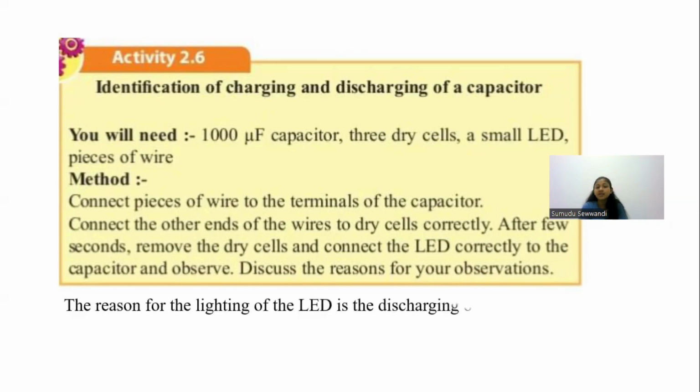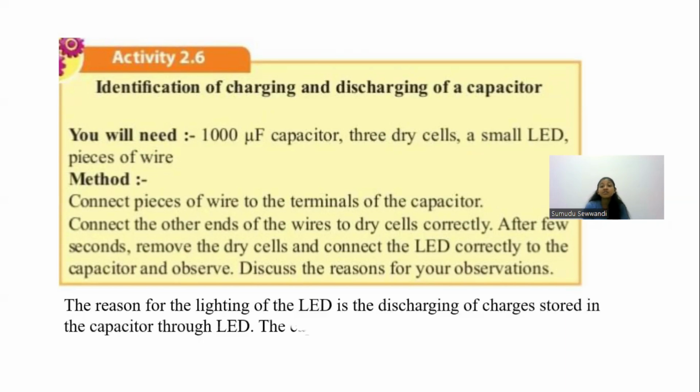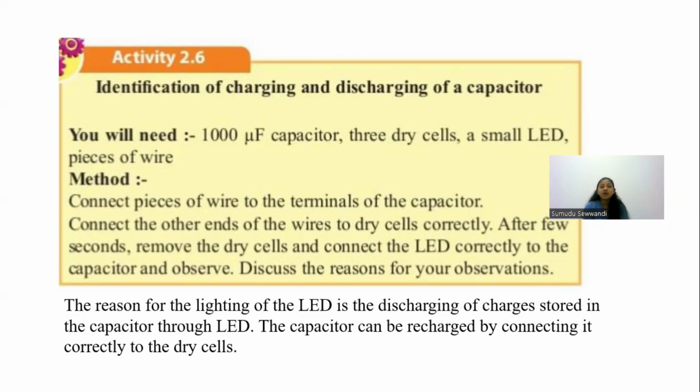The reason for the lighting of the LED is the discharging of charges stored in the capacitor through the LED. In the first instance, we connected the capacitor to a dry cell. While we connect a dry cell to a capacitor, the capacitor is charging by storing more charges.